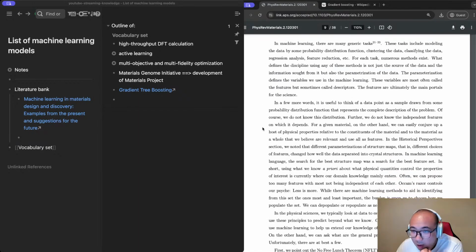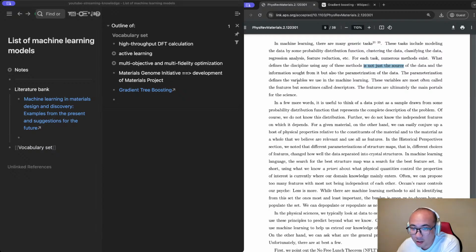In machine learning, there are many generic tasks. What defines the discipline using any of these methods is not just the source of the data and the information sought from it, but also the parameterization of the data.